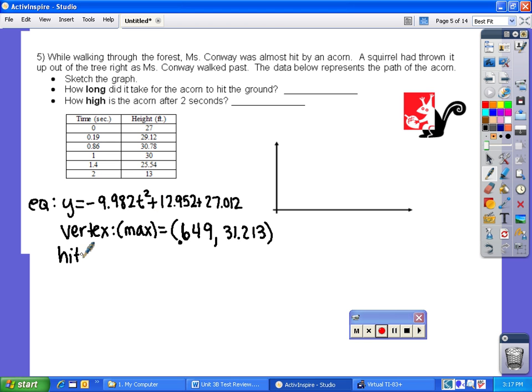Alright, next thing I need is when it hits the ground, and that's called the x-intercept. And that's 2.417.